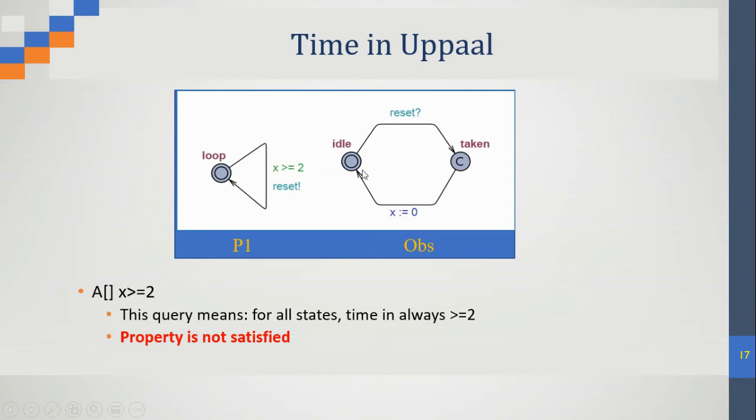And the same thing here in the idle, the time will be 0. Once we take this transition, the time is equal to or greater than 2. So in the ticking location, the time is greater than or equal to 2, and then it goes to 0 and back to idle. So if we ask about the time in the whole system, the time is not only greater than 2. The time is greater than 0. That is correct, because the time starts from 0 and then goes up.